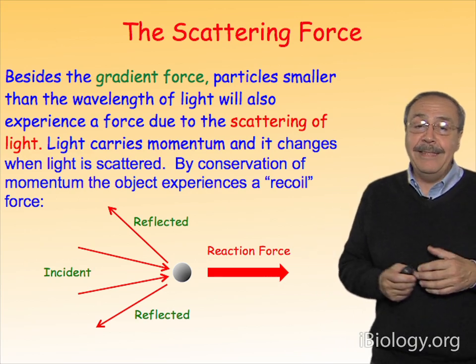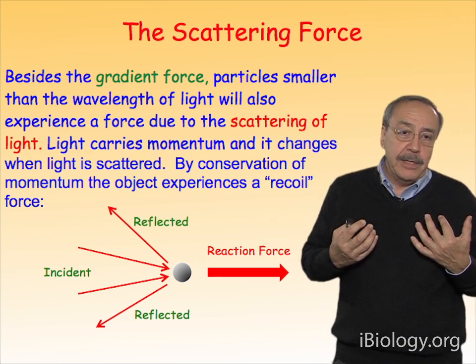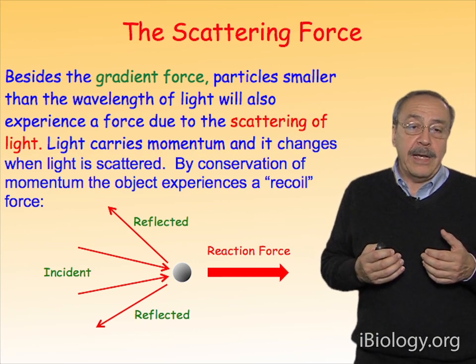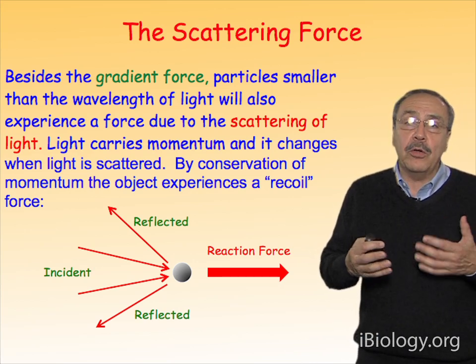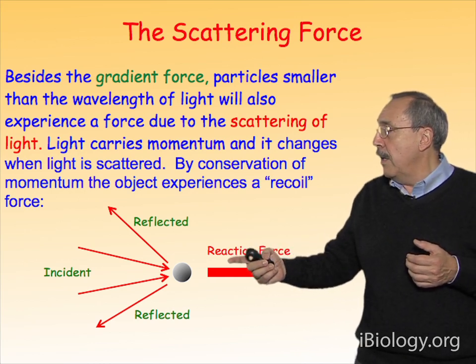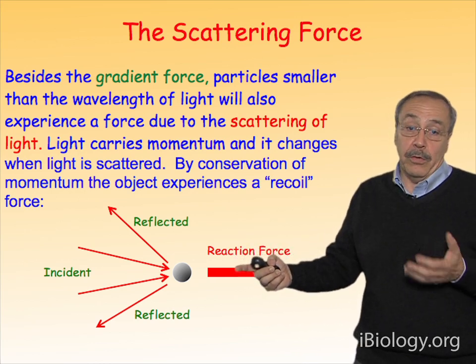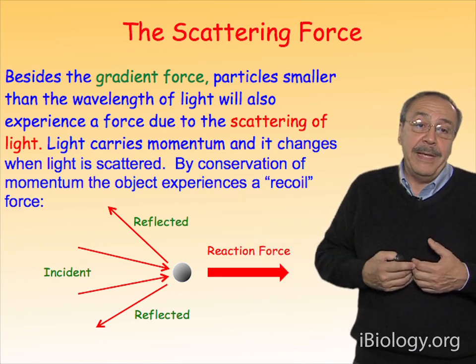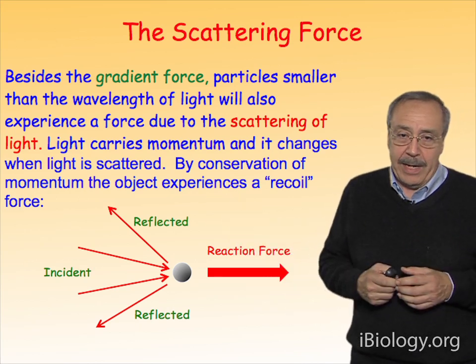But besides this attractive force, if you wish, that we are observing here with the gradient force, there are other kinds of forces that are also present when the object is small compared to the wavelength of light. For example, incident light, as shown here, will hit on the molecule or on the atom, and it will be reflected by the molecule or the atom. It will be essentially scattered away.